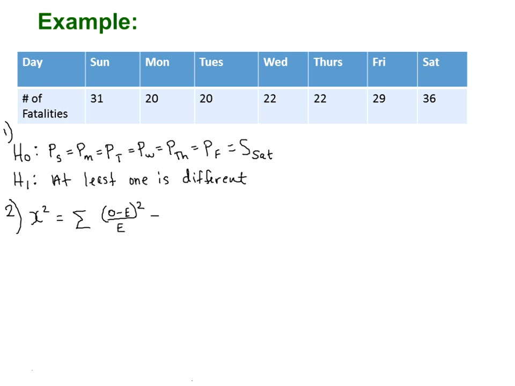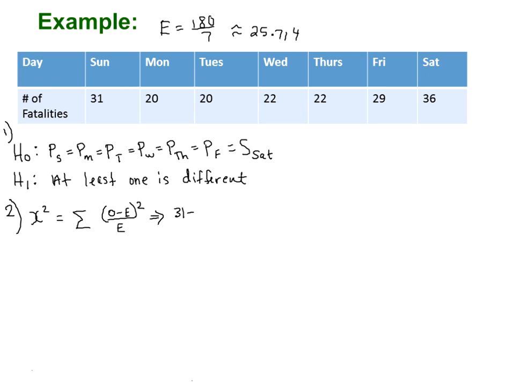All right, so what we're doing here is taking your observed, which for Sunday is 31, so you take 31 minus what we would expect to happen. That's our expected value, and remember, our expected value was 180 over 7, which turned out to be 25.714, something like that.